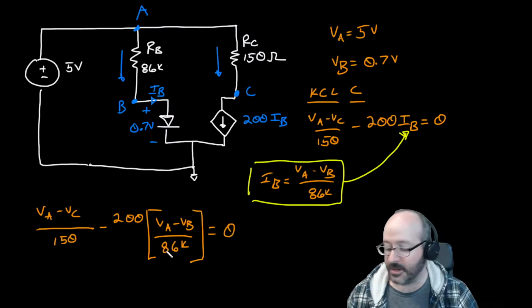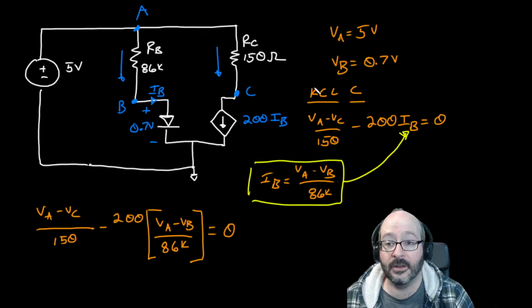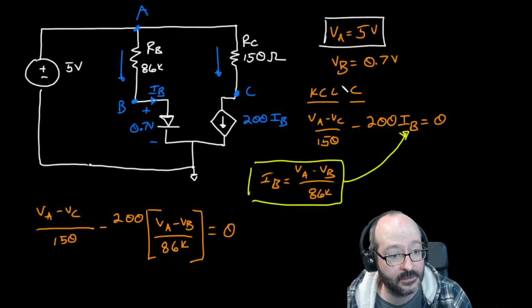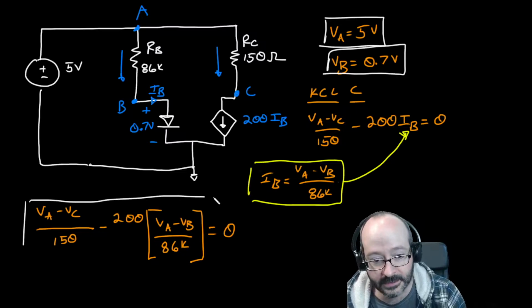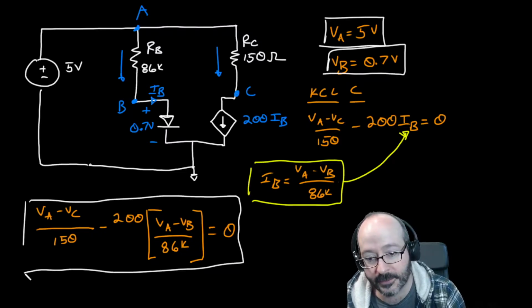That's our third equation. So we got one equation here, one equation here. Those are easy. This one's a bit uglier, but not undoable.